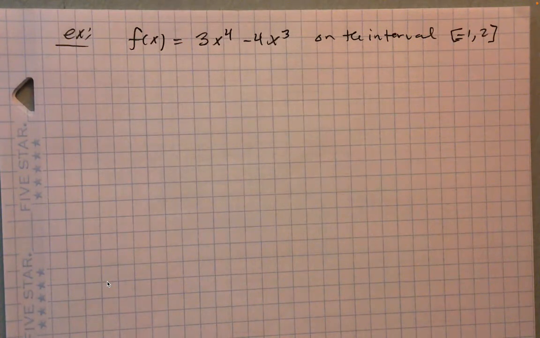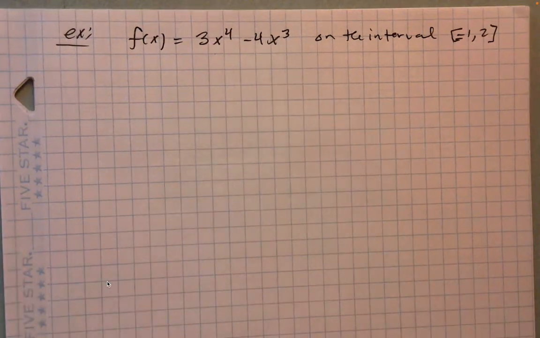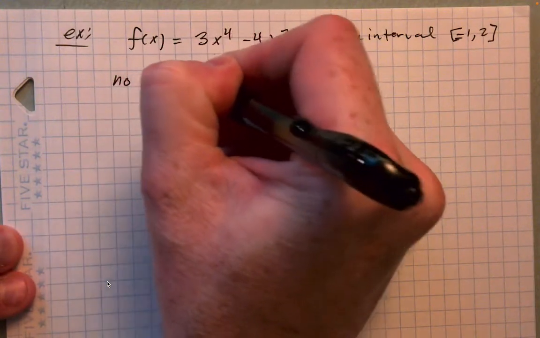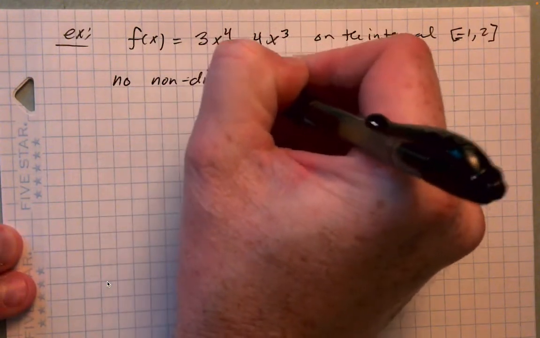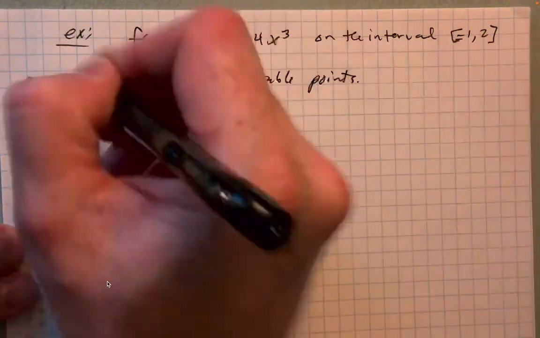So first of all, this is a polynomial, so there's no issue with non-differentiability here. This is a smooth, continuous function, nothing to worry about. So no non-differentiable points. Something to note.